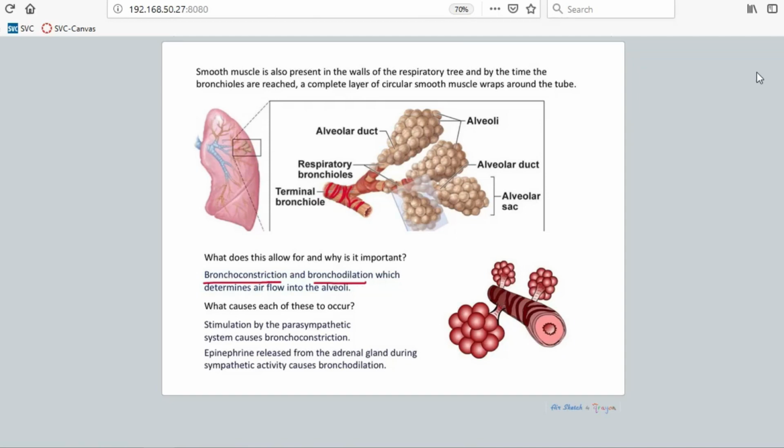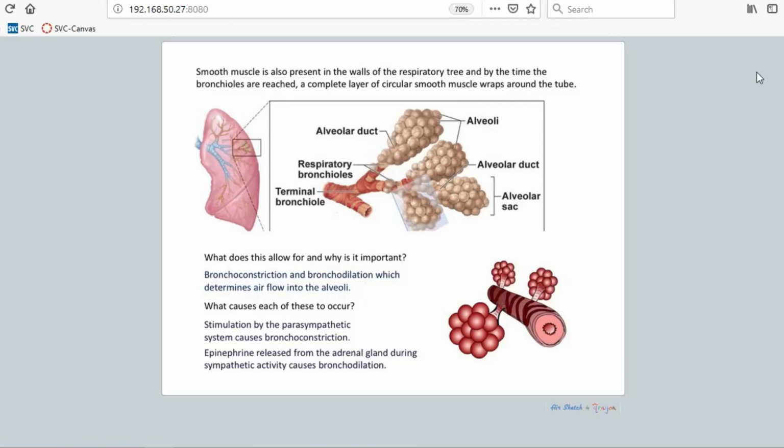And why is that important? We can expand the diameter of the bronchioles, or we can constrict that smooth muscle, and now the bronchial diameter decreases. And why is that important? Well, it's regulating the amount of air that's going into the alveoli.